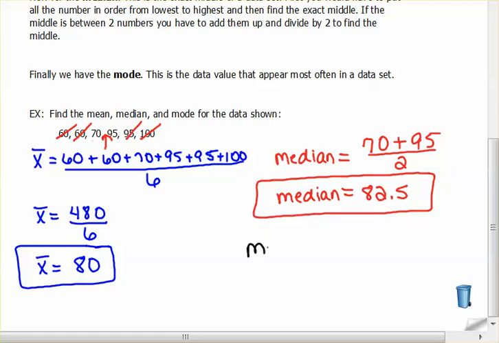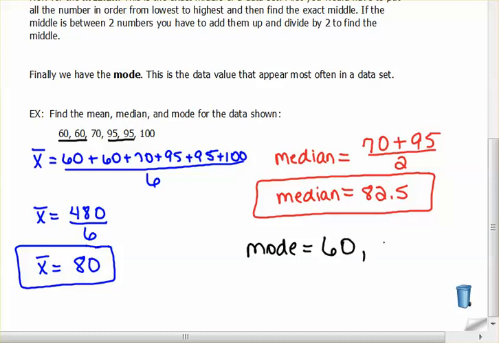Now talking about the mode. Remember, the mode is what appears most often in a data set. So let me erase what I had here. Looking at these data values, you see that 60 appears twice and 95 appears twice. So we actually have a tie between 60 and 95.